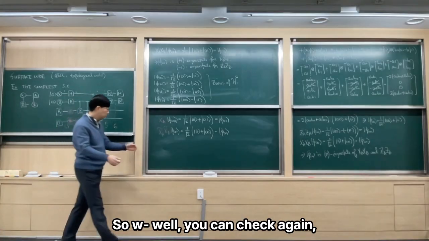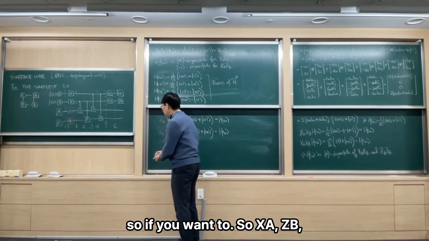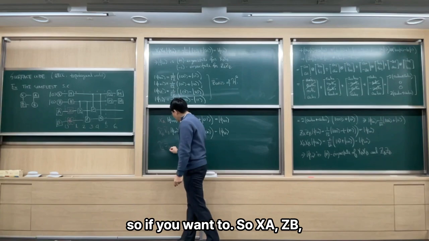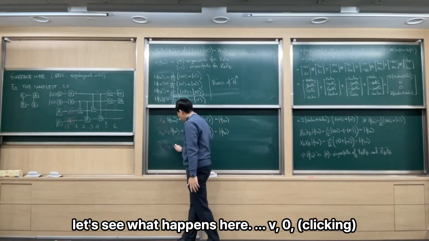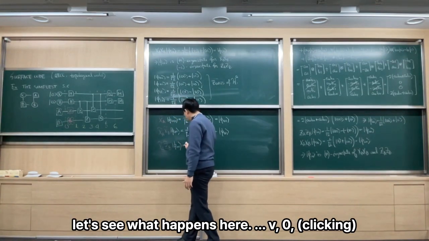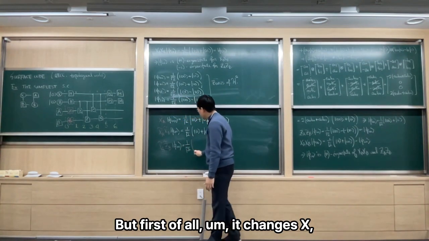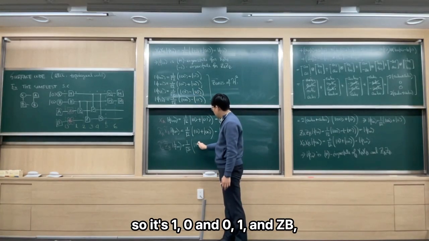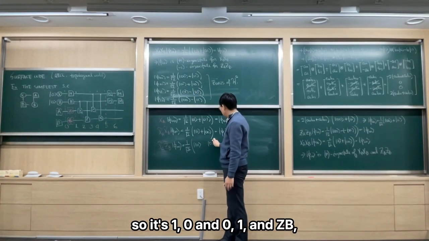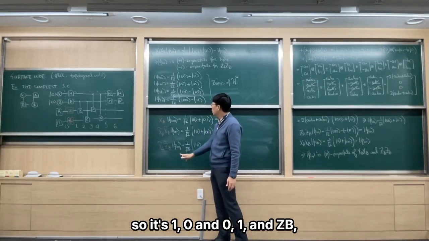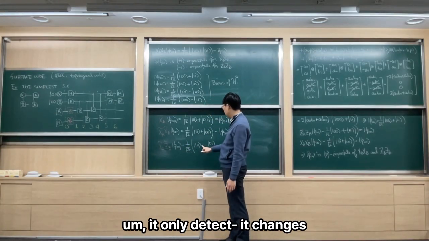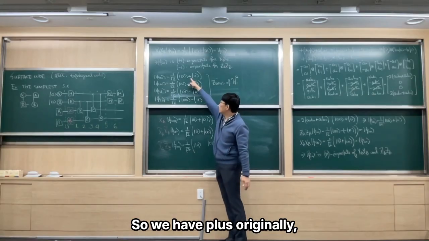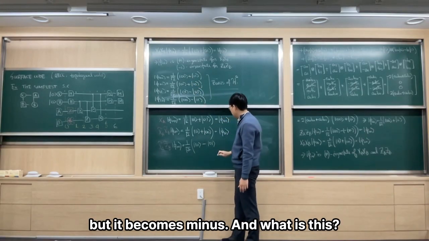So you can check again. XA, ZB, let's see what happens here. Starting from 0, 0, first of all, X changes it, so it's 1, 0 and 0, 1. And Z on B only changes the sign for B, so we have plus originally, but it becomes minus.